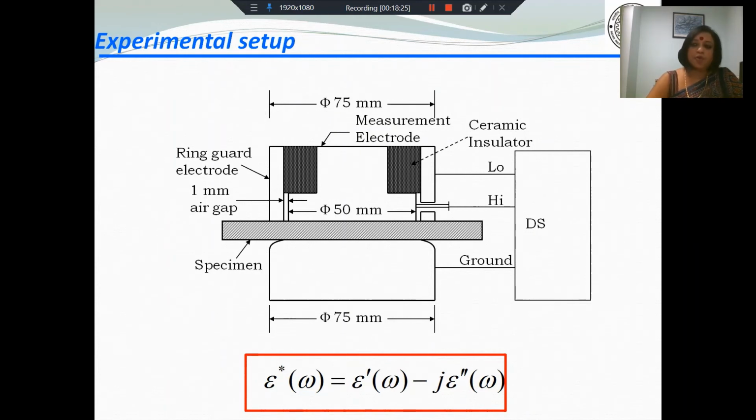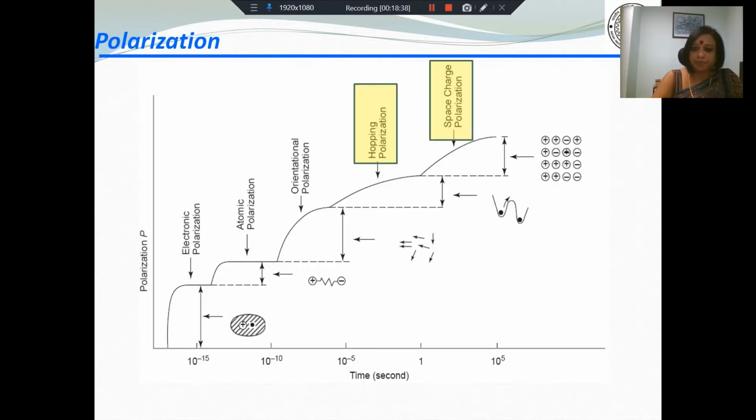Now, if you want to measure the dielectric response, there are two different ways of doing it. One is the frequency domain dielectric spectroscopy, and the other is the time domain dielectric spectroscopy. Let me first talk about the frequency domain spectroscopy. As you can imagine, if these are time varying quantities, if I energize the dielectric material at different frequencies, I will see different polarization processes.